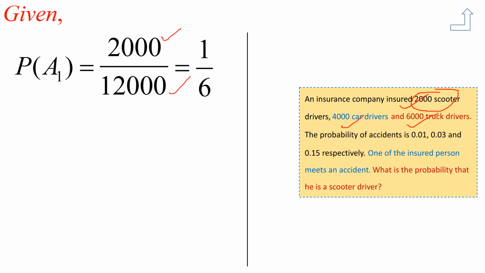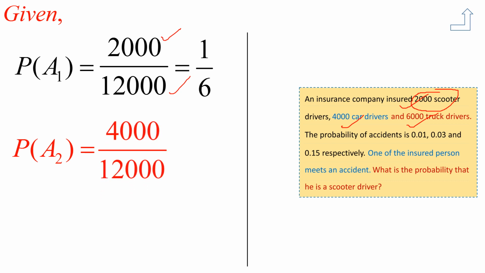And so by reducing in the simplest term, we may write 1 by 6. And similarly, we have to write P(A2). So you can read P(A2) like this: probability of selecting what? Selecting a car driver. So can you guess what would be the probability? Of course, 4000 divided by 12,000. By simplifying, we get 1 by 3.